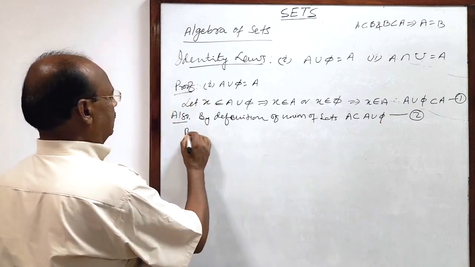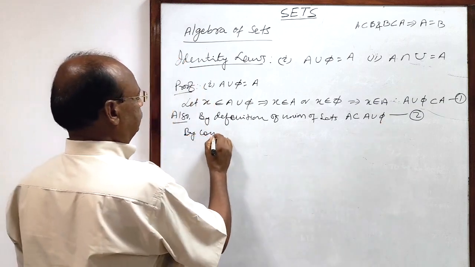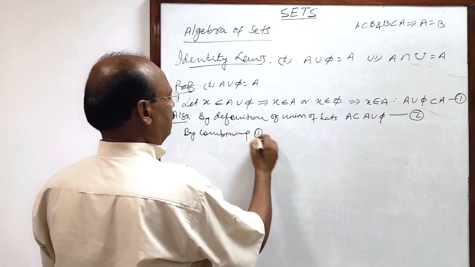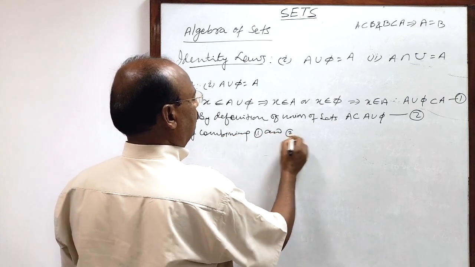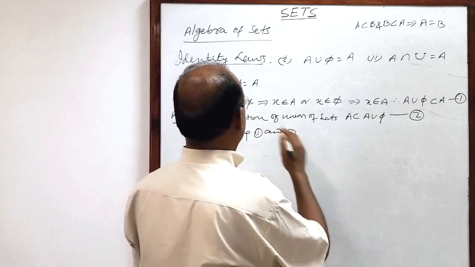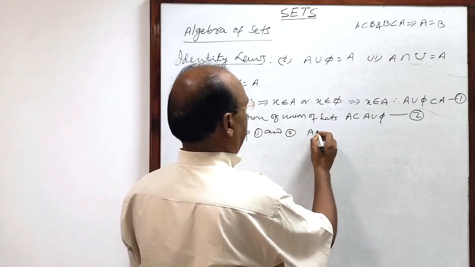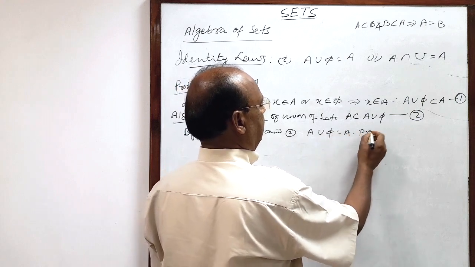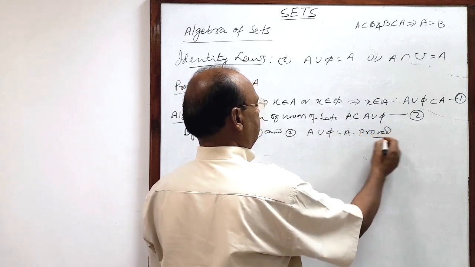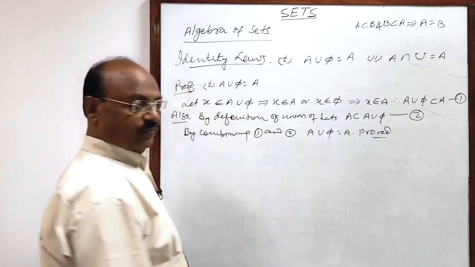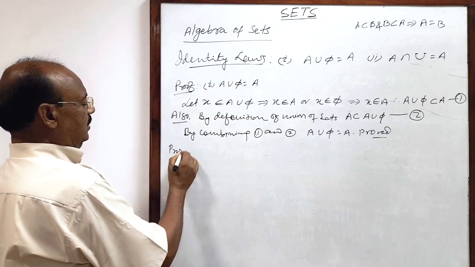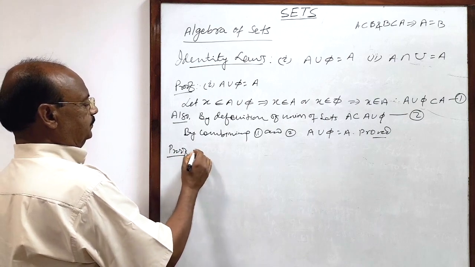So by combining relation 1 and 2, we can come to the conclusion that A union phi is equal to set A. This has been proved here. Correct?